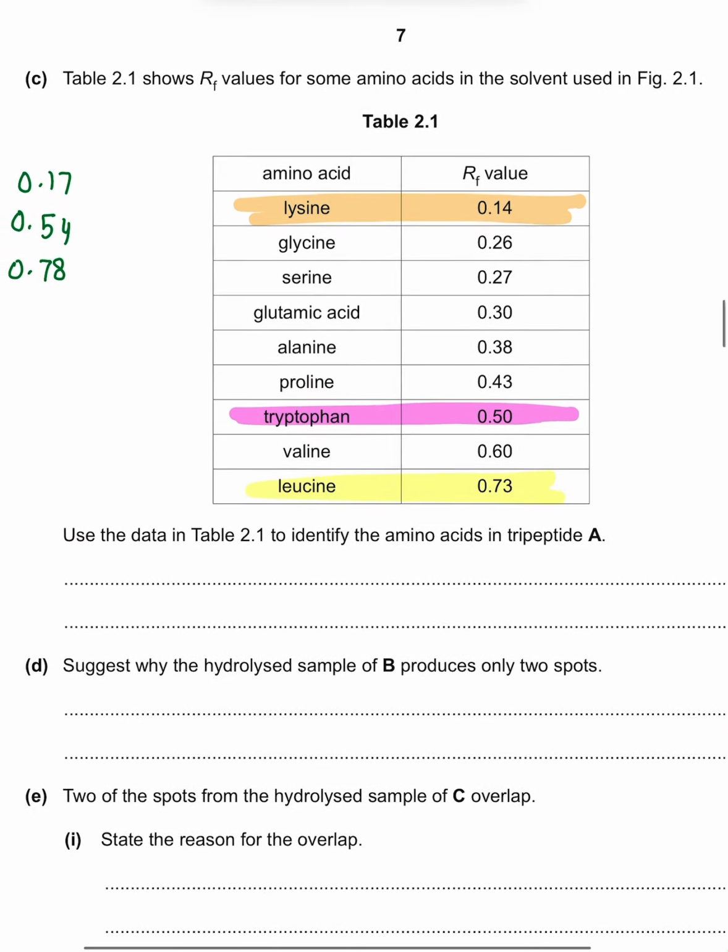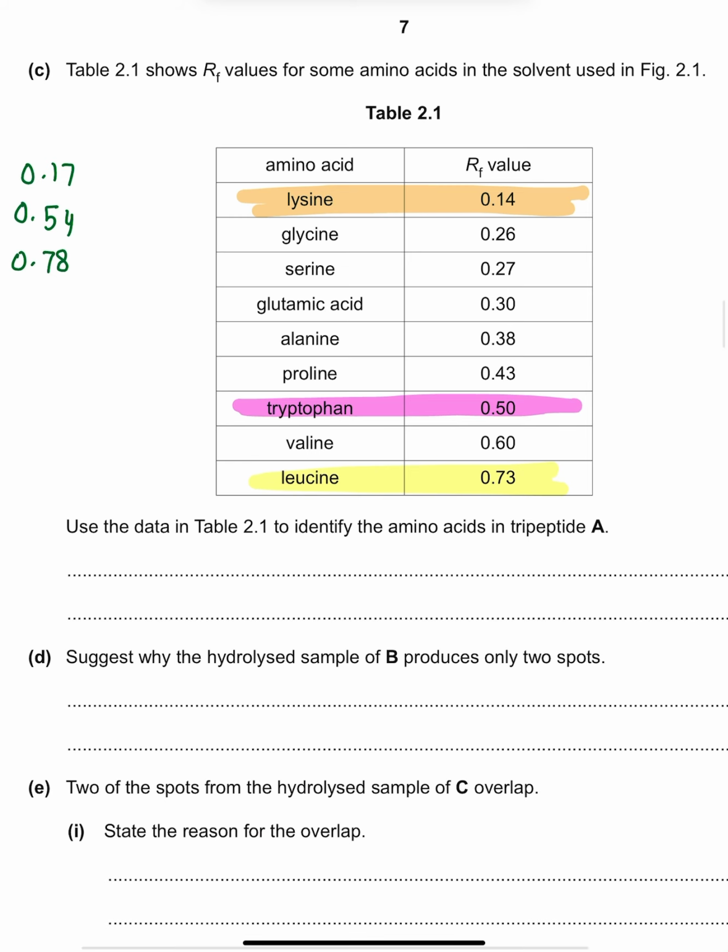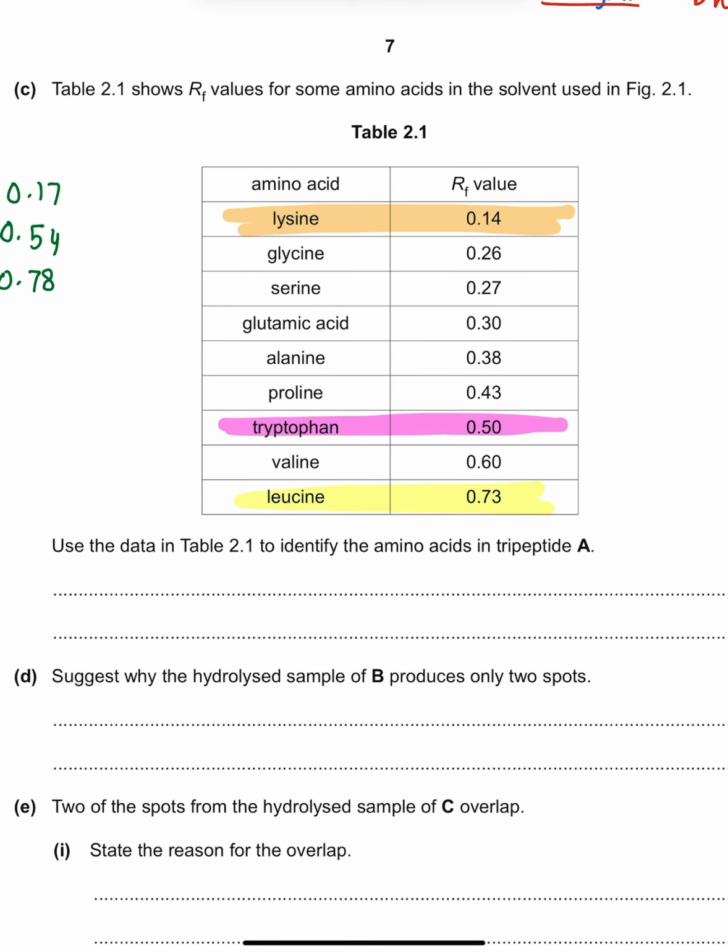So according to the RF values I have calculated, I can clearly write that the amino acids present in the tripeptide are lysine, tryptophan, and leucine. A nicer answer is to show how the values were calculated: for the first spot, 1 over 7, which is equal to 0.14.